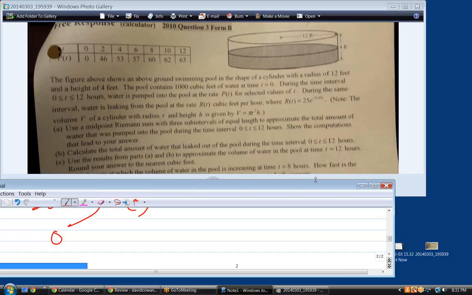I'm finishing reading it here. Use the midpoint Riemann sum with 3 subintervals of equal length to approximate the total amount of water that was pumped into the pool during the time interval 0 to 12.